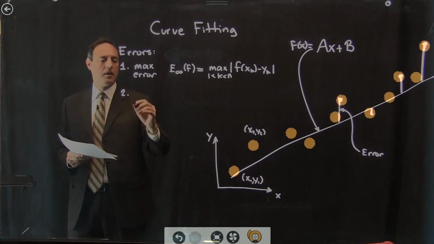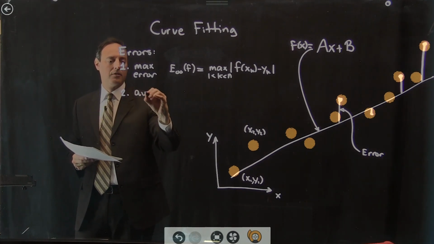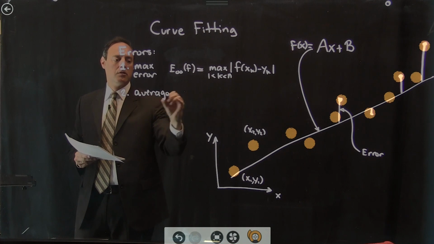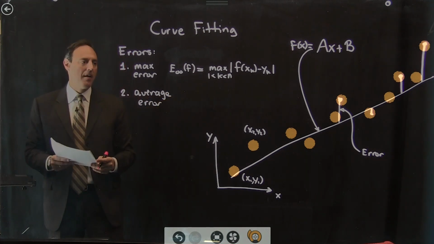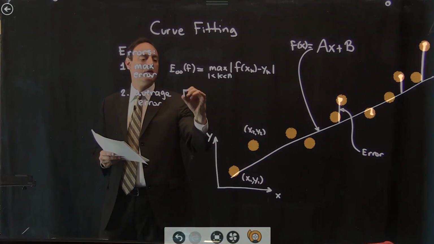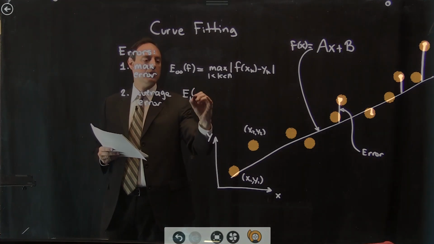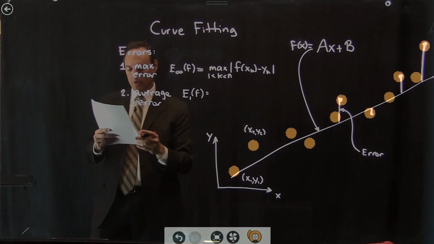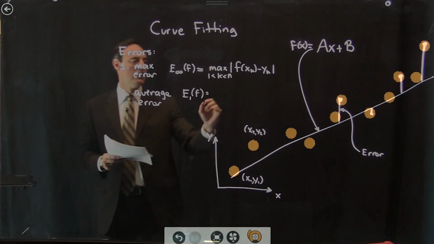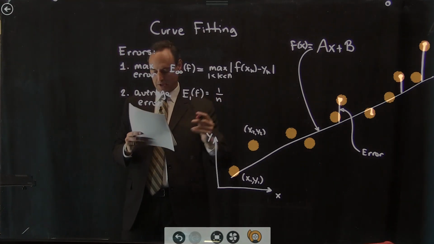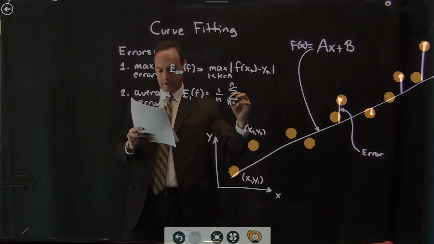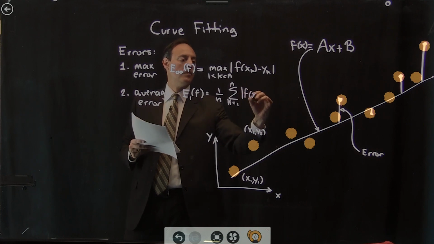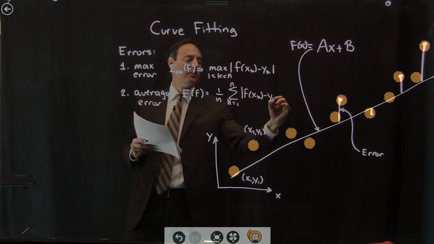A second one is called the average error, E1. All you do, just like it sounds, is look at the average distance, the sum from k equals 1 to n of all these errors.